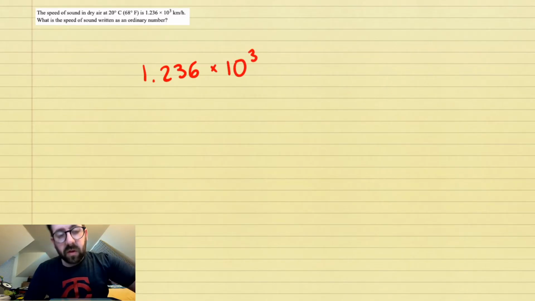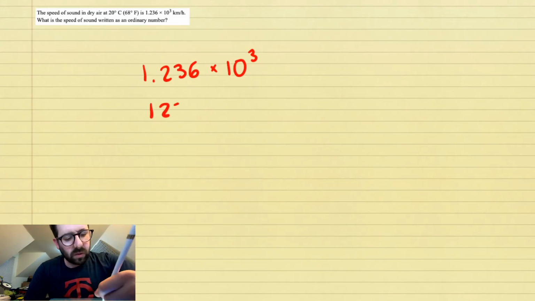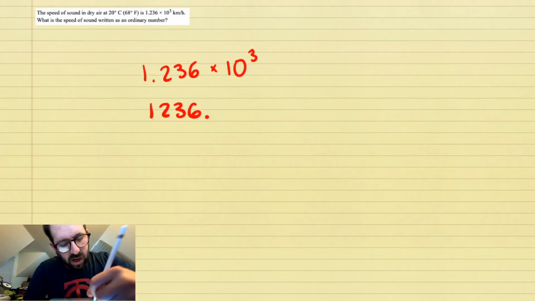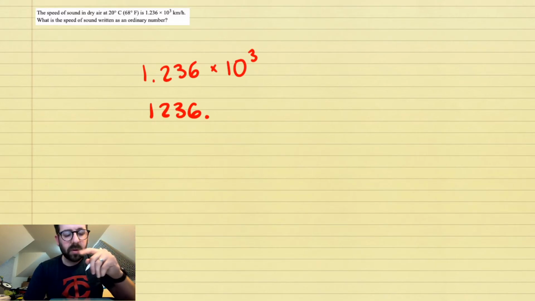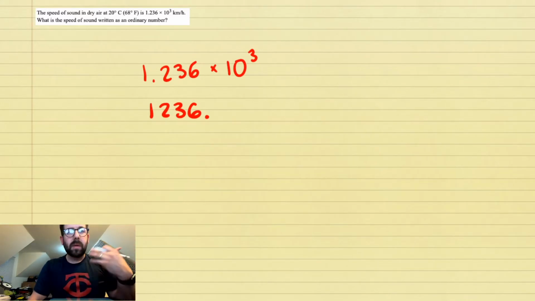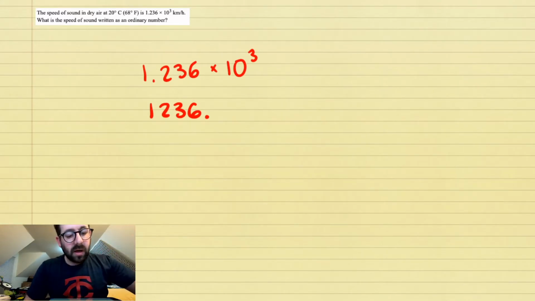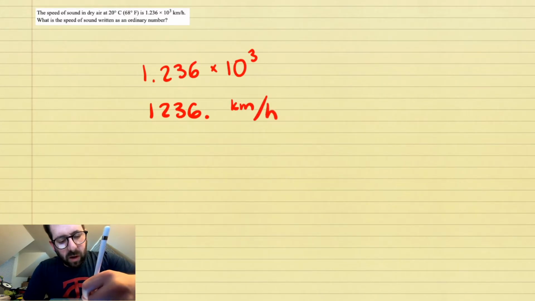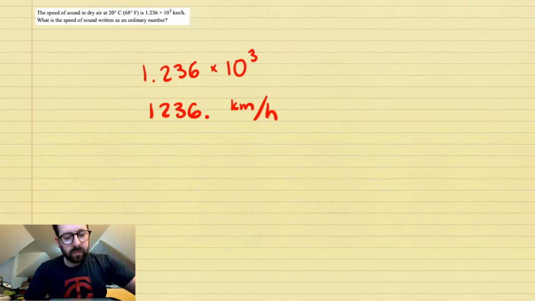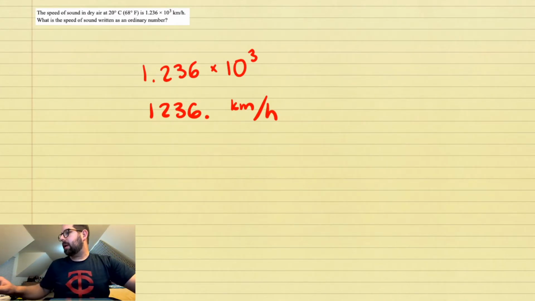So the third is a positive power, so I'm going to move that decimal to the right. So this would be 1236. The decimal would end up here because I moved it back 3 spots, because again, the positive power means that my original number was bigger than 1, and it definitely is. It's 1236, and then that's kilometers per hour. So quite fast, actually. All right, moving on.